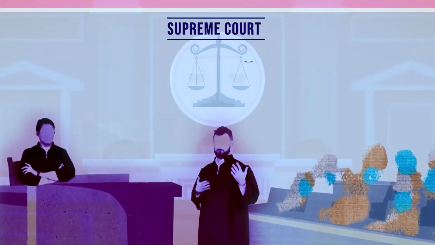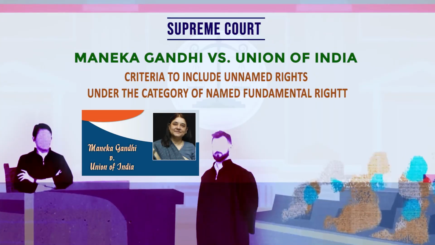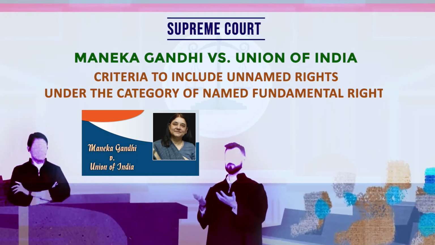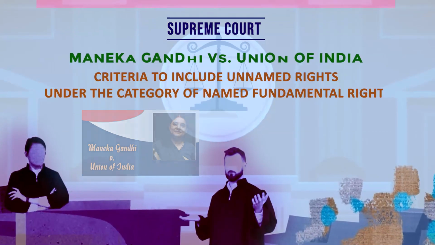And in that way, while interpreting Article 21, that is, right to life, there are also some unnamed rights which go to constitute, likewise to personal liberty, the right to life. So in that backdrop, the Supreme Court of India in Maneka Gandhi versus Union of India has developed a criterion to include unnamed rights under the category of a named fundamental right, and in that way giving them the status of fundamental right.